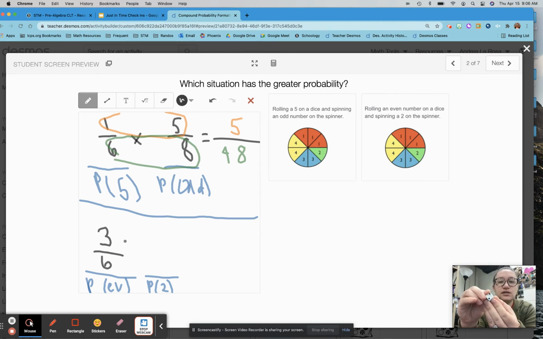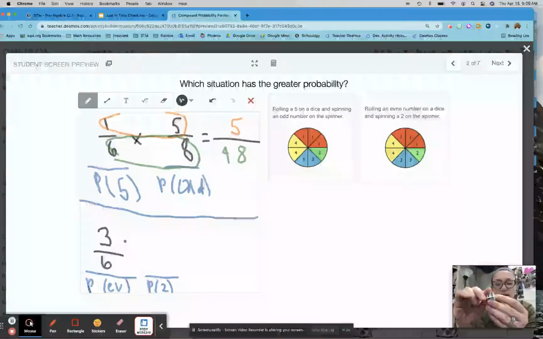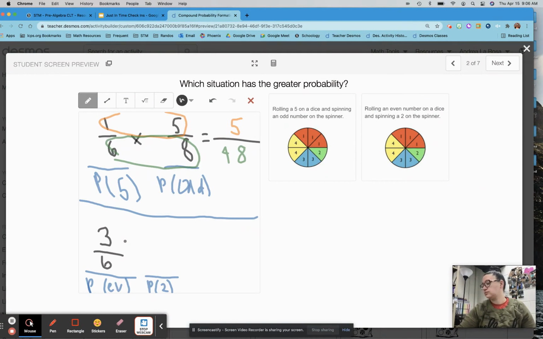So again, 2 is even, 4 is even, and 6 are even numbers on my dice. And then my 2 on a spinner, there's only 1 2 on my spinner out of 8 total slices. And again, I need to multiply my probabilities together to see what we get.